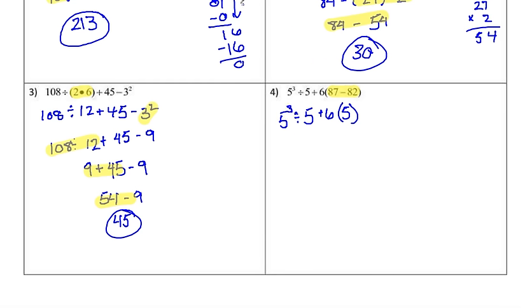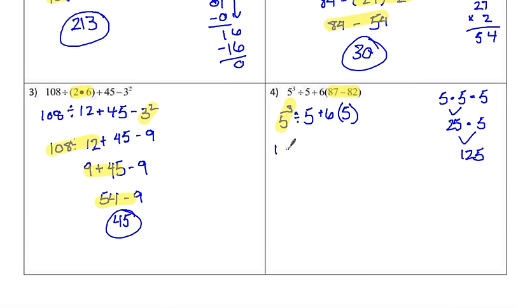Okay, I'm done with all my groupings. I need to do the exponent here, 5 to the third. 5 to the third is just 5 times 5 times 5. 5 times 5 is 25, and then I'm going to do 25 times 5. And then 25 times 5 is 125.